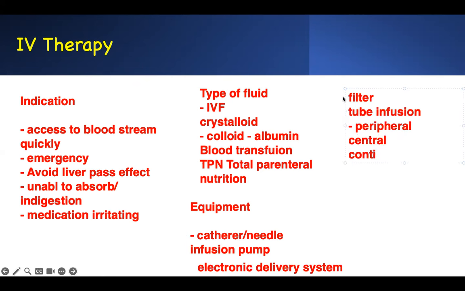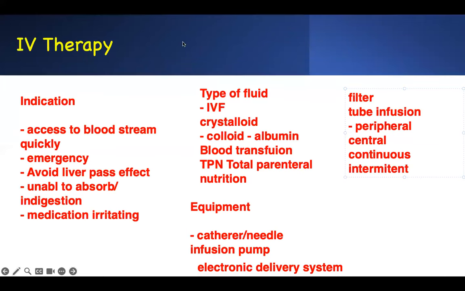Is it a continuous infusion, non-stop, where you keep on getting it, or is it intermittent? You stop it and let it go, stop it and let it go. Peripheral means the usually smaller veins in your arms and legs, and central means those within your chest cavity going into your heart. Those are the big veins. And whether you're going to get it continuously or intermittently.